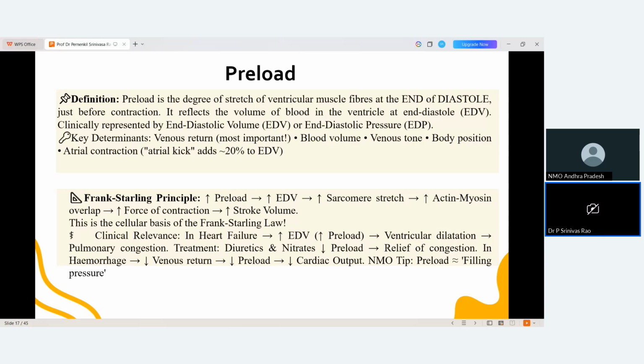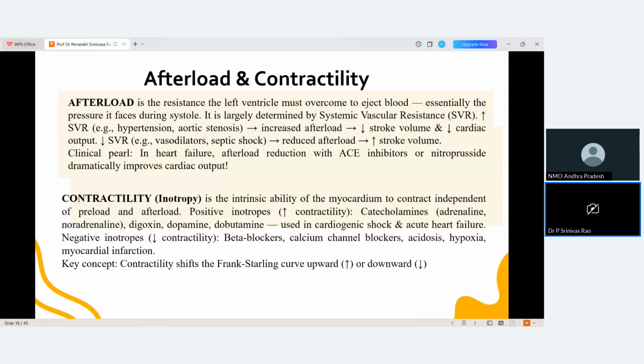Whereas afterload, what is the meaning of afterload? I told you it is the resistance which the left ventricle has to overcome to eject the blood. When the ventricle is contracting, it has to overcome the resistance of the aorta.